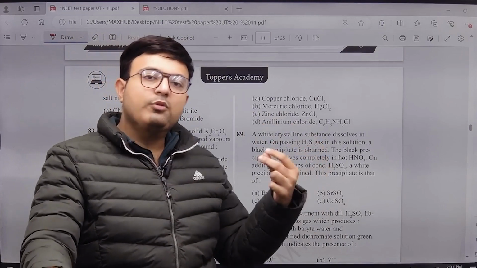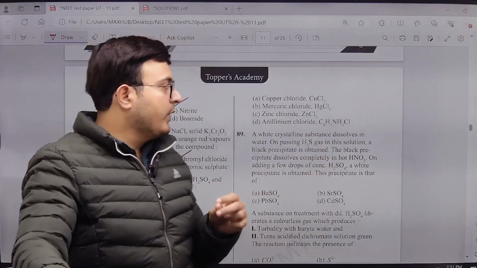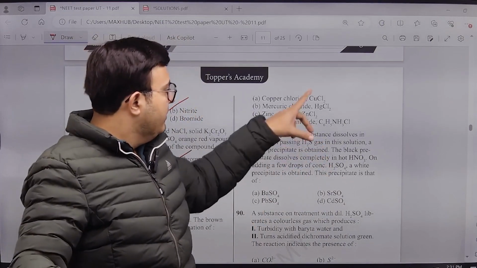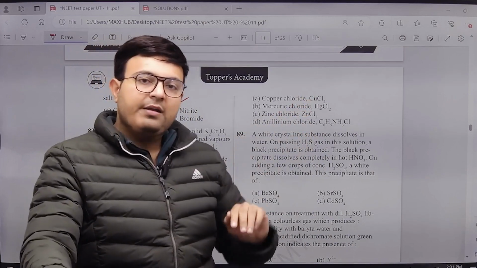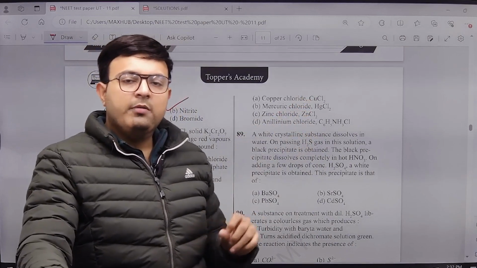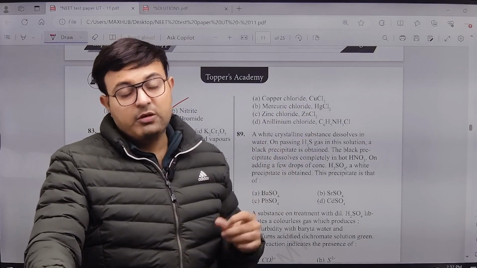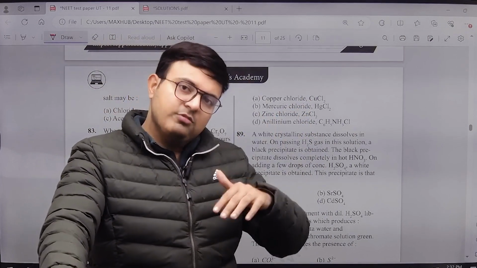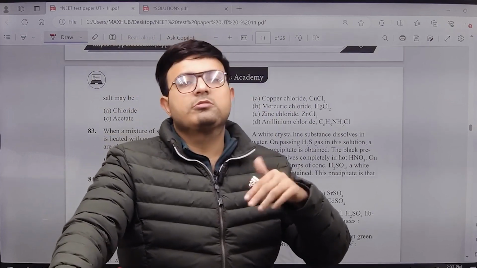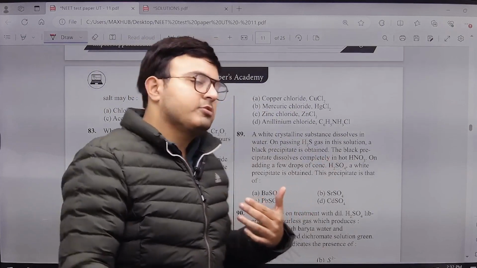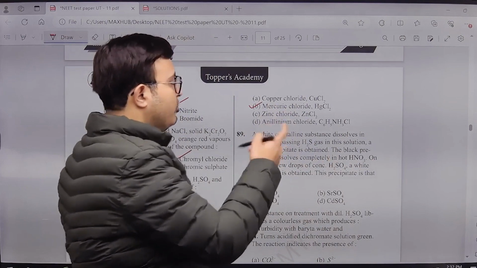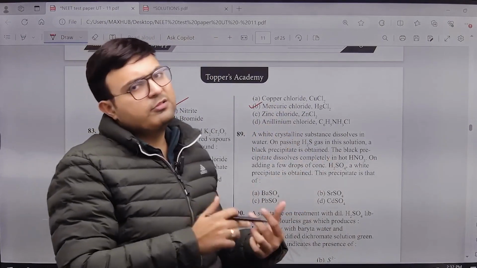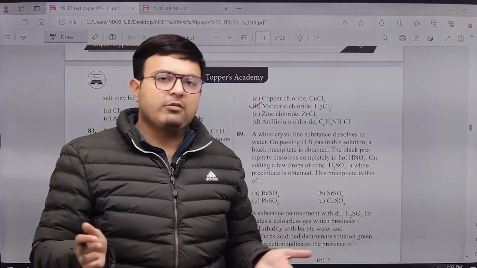Now these all three are showing pseudo noble gas configuration, but which among them will be more covalent? As you go down the group in the transition metals also, the covalent character is increasing. So mercury chloride is most covalent among these, and this will not show positive chromyl chloride test.